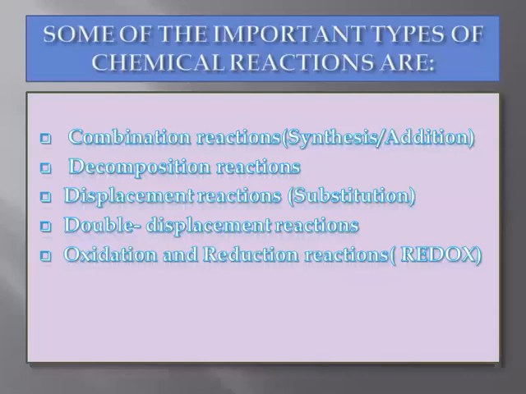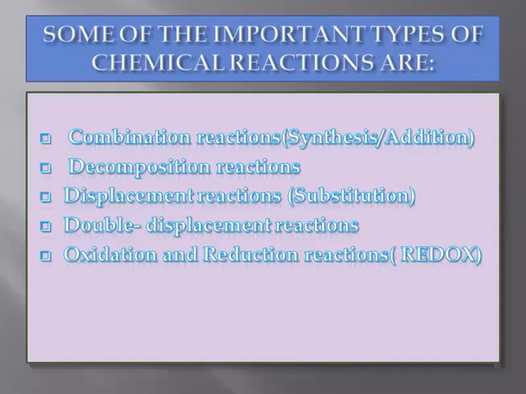on the basis of number of reactants and products, type of reactants and products, and nature of the products. There are 5 main chemical reactions.